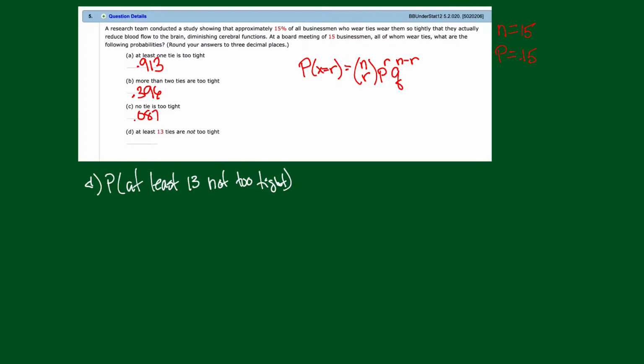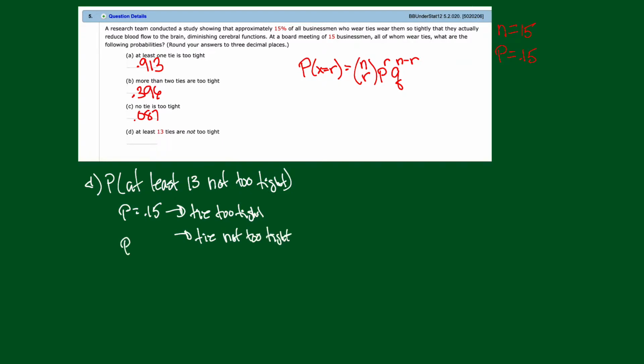Now in Part D, they've turned it around on us a little bit. They're asking at least 13 are not too tight. Before, we were letting P, the probability of a success, be 0.15, and that was when a tie was too tight. Well, now we've turned it around, and what we want is for a tie not too tight.